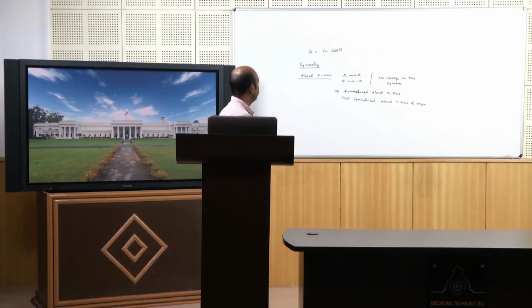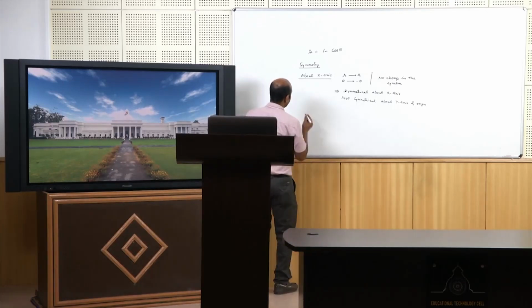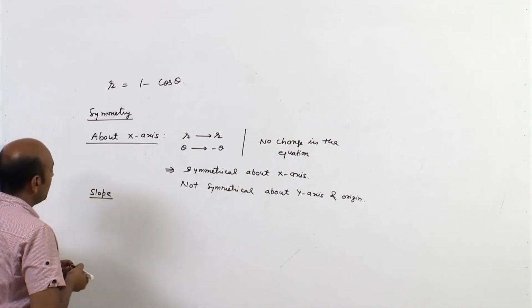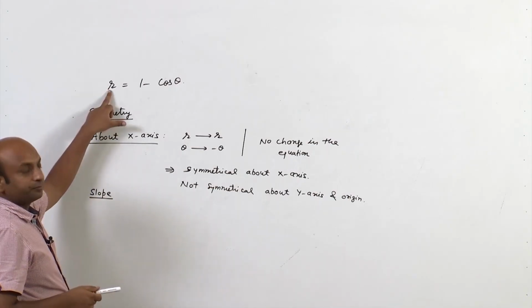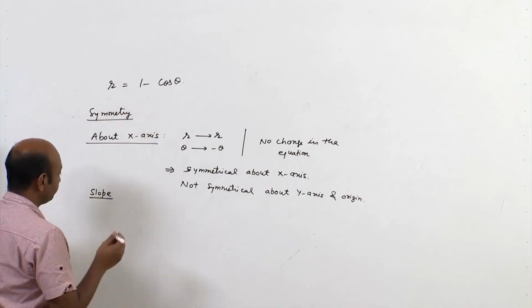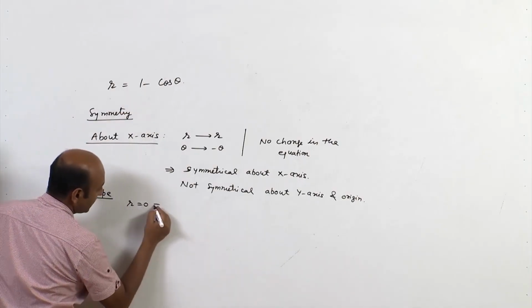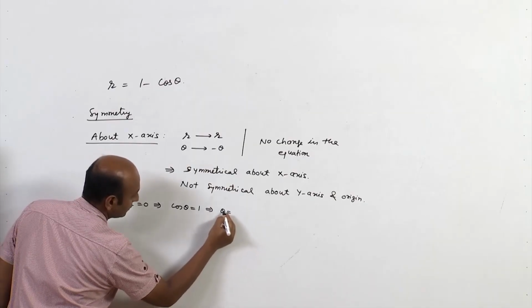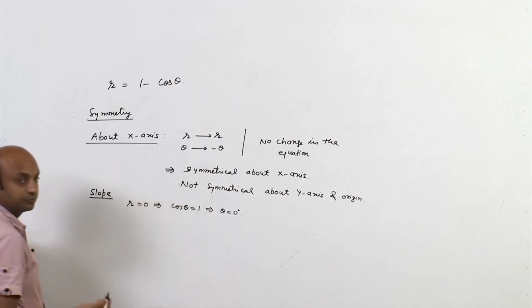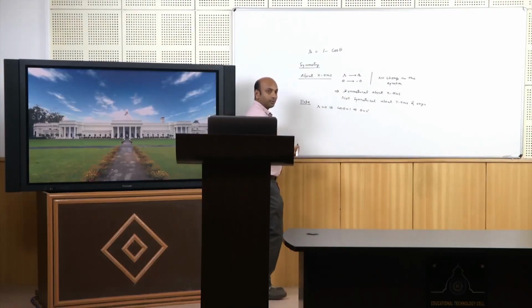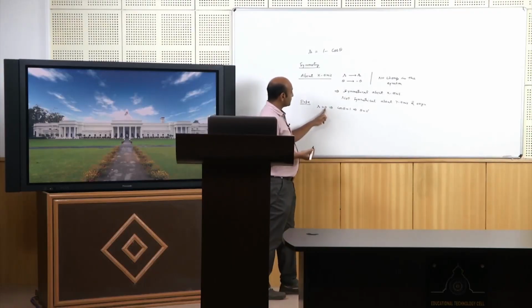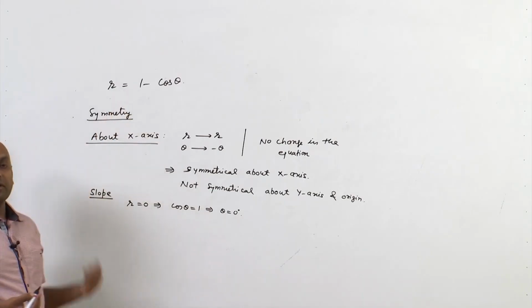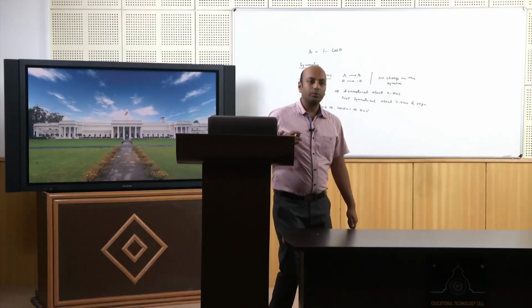Now the next is slope. Now when r is 0, cos theta is 1. R is 0 implies cos theta is equal to 1. This implies theta is equal to 0. Okay. So that means 0, 0 is the point lying on this polar curve. And what is the slope at 0, 0?